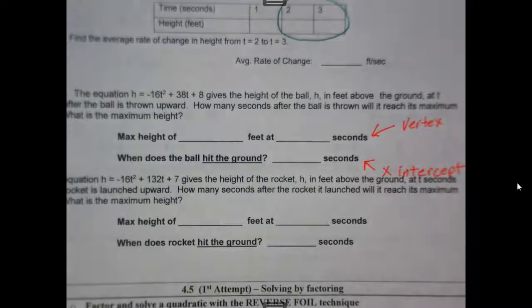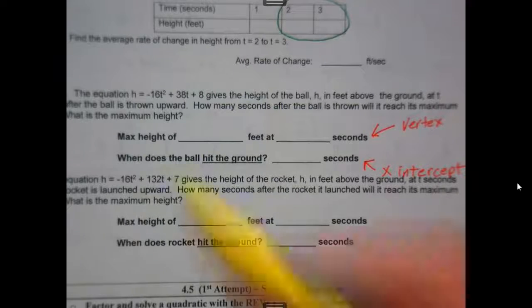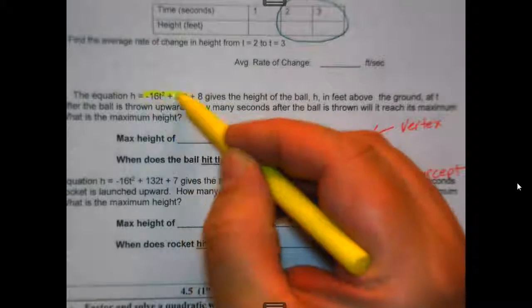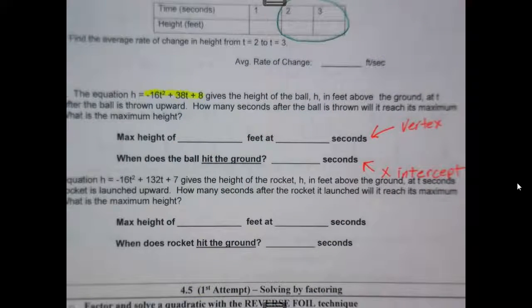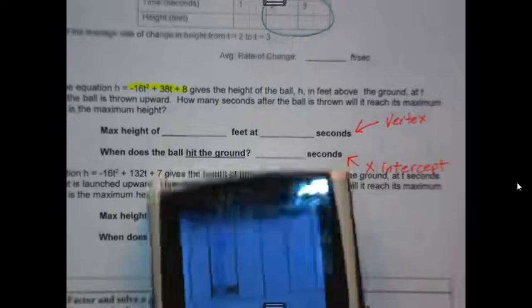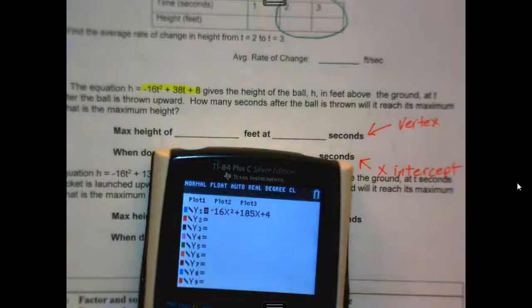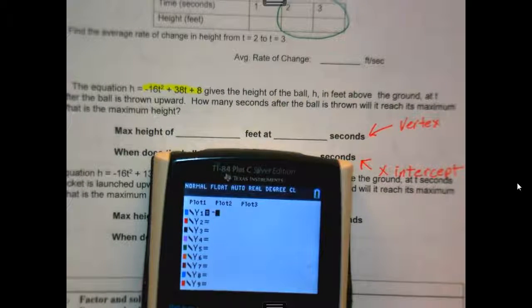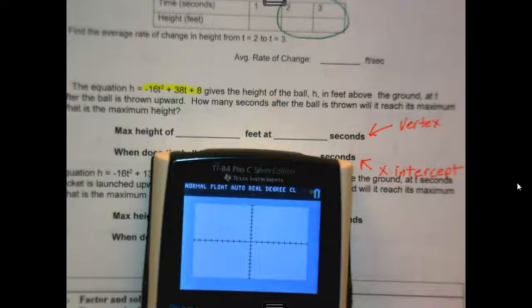All right, you ready? Negative 16t squared plus 38t plus 8. Graph it. And yeah, this one I'm going to need to fit in the window.